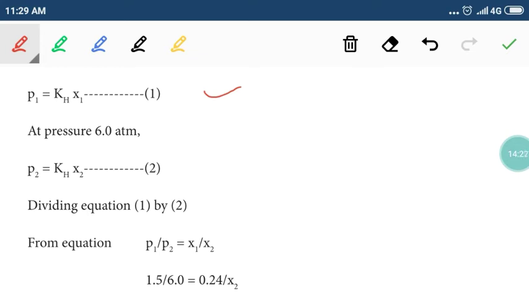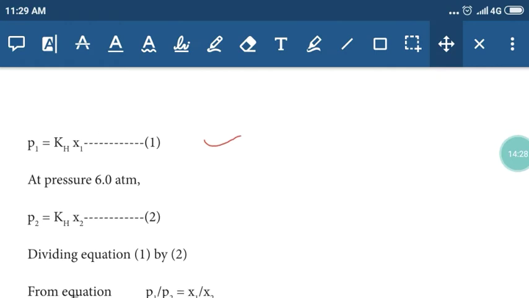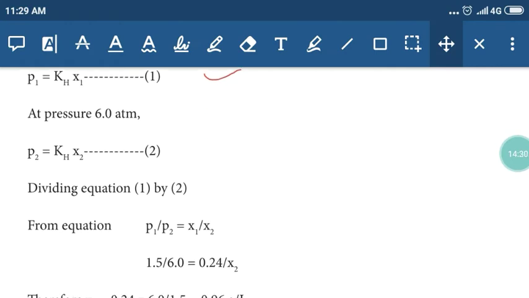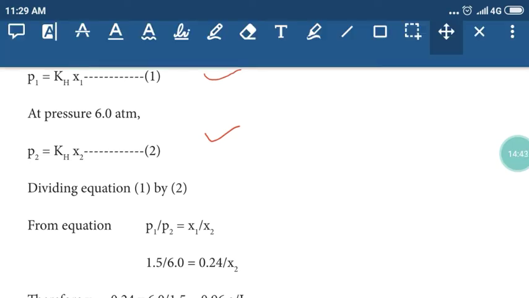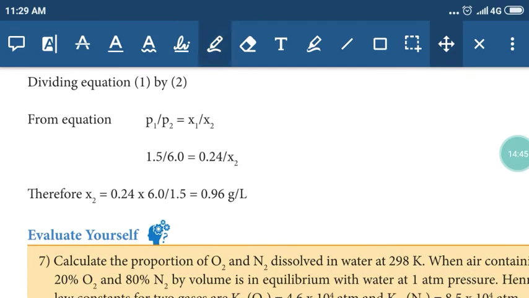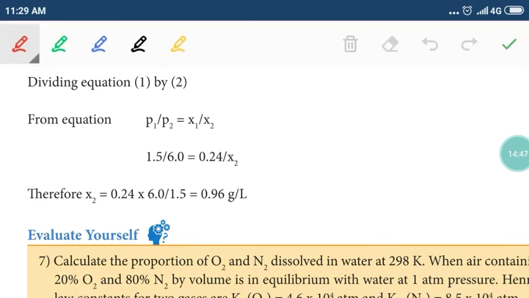This is the equation for pressure 1.5 atmospheric pressure. Then at pressure 6, P2 is equal to kh x2. So we just divide equation 1 by 2, and by rearranging it, P1 by P2 is equal to x1 by x2.